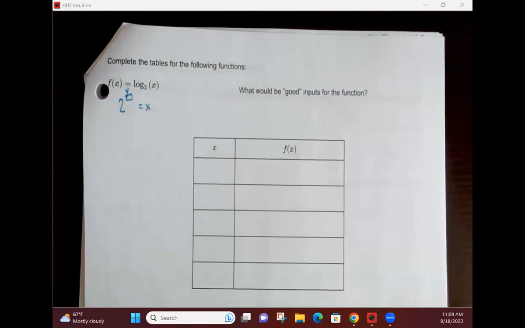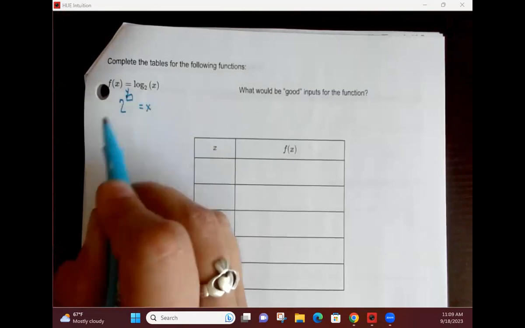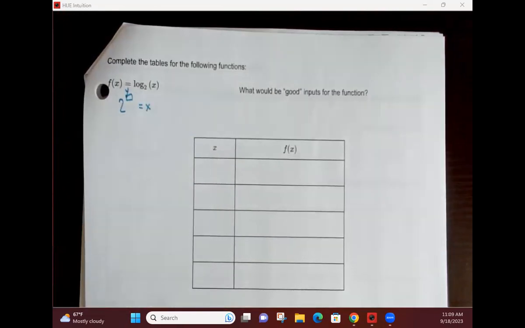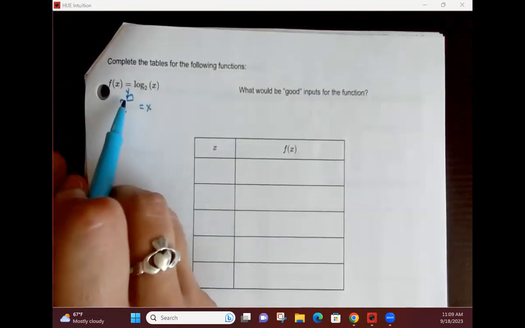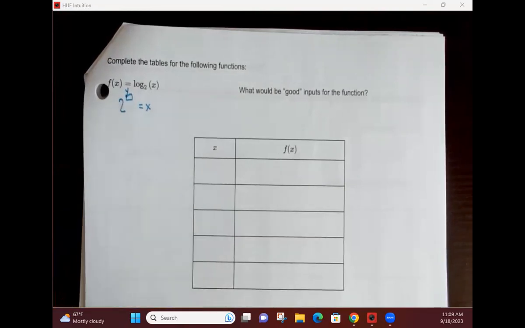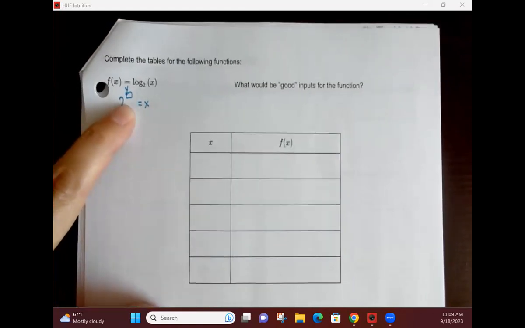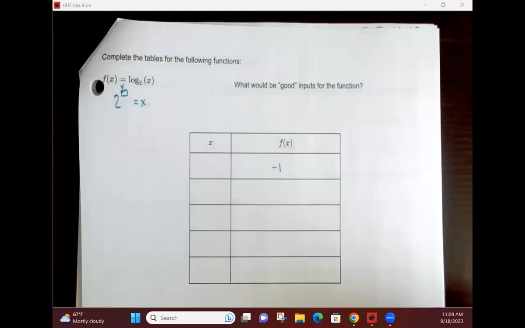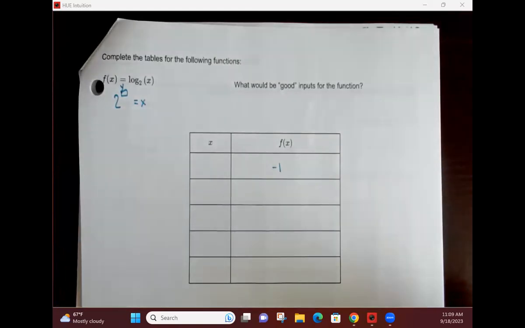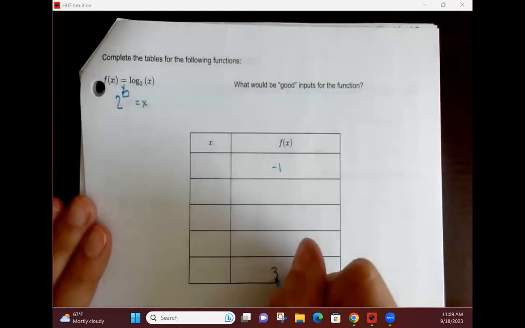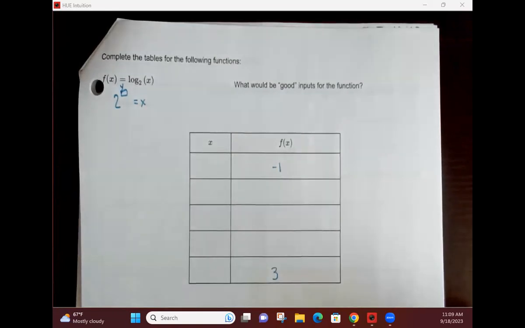There are a couple of ways that we can think about creating a table for something like this or a log. For some people, it is easier to think about plugging in y values and finding the x. So for some people, the easier way to approach this is to say, well, I can do a -1 exponent, or I could do a third exponent, a cubed exponent, right? 3 for my exponent.